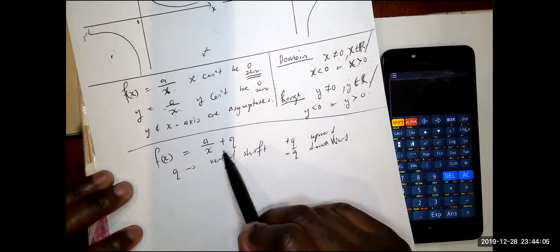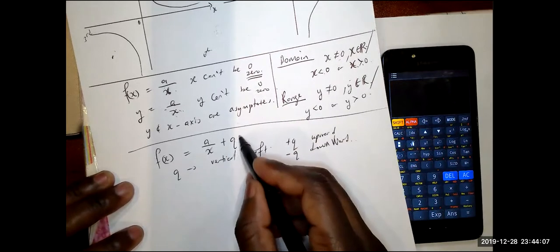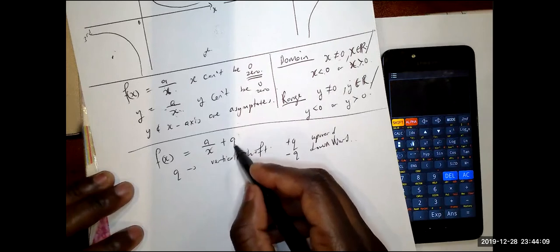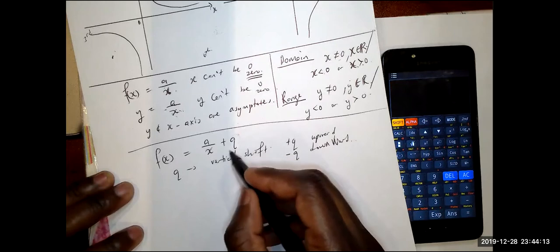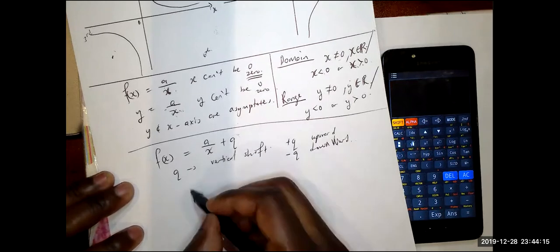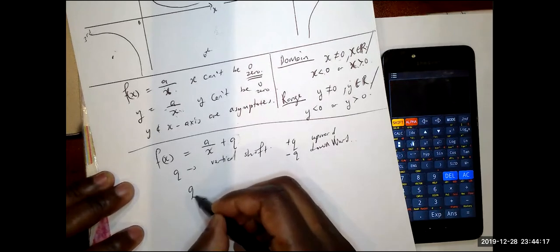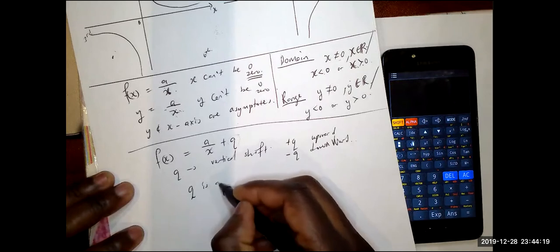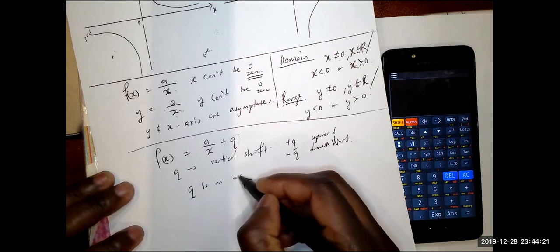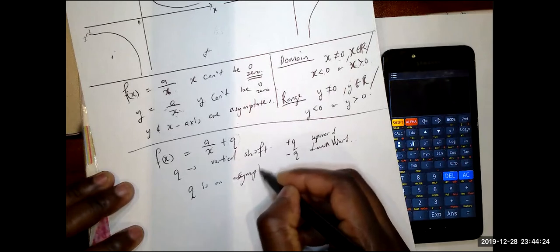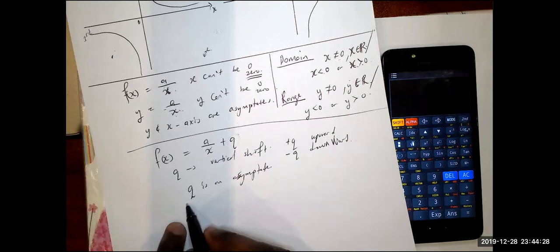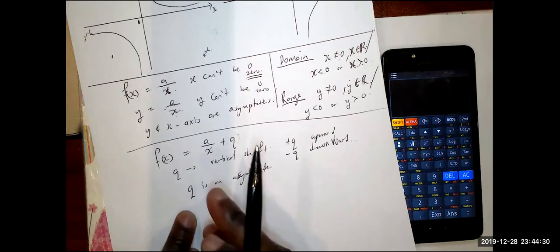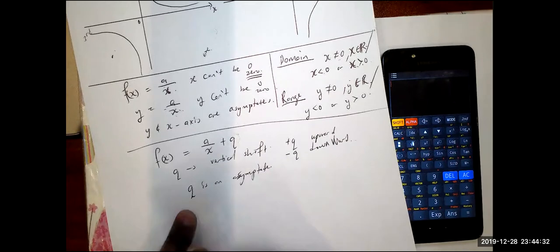And remember something here: q is the y asymptote. Q is an asymptote, so your graph will never touch q. So if they ask you for asymptotes, you must know that q is your asymptote.